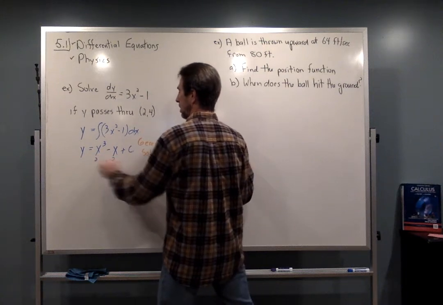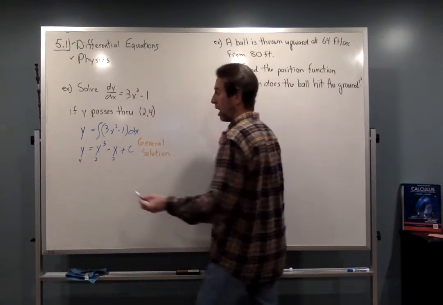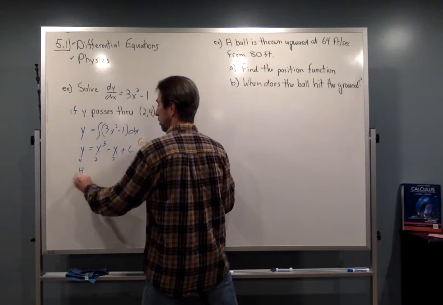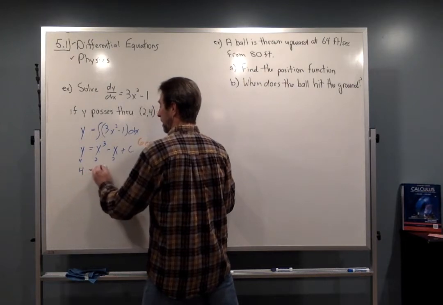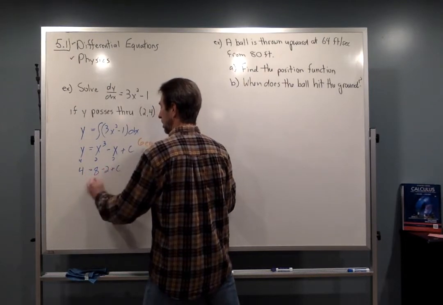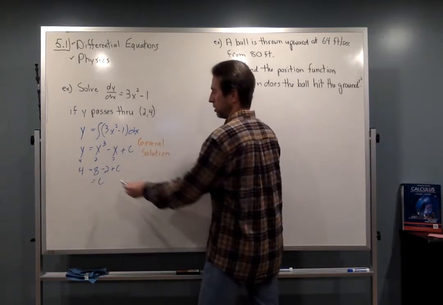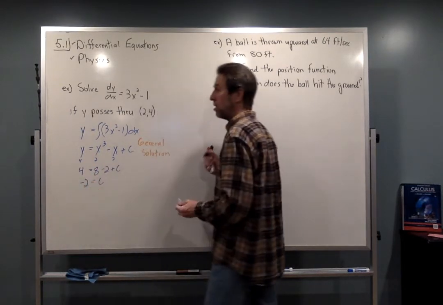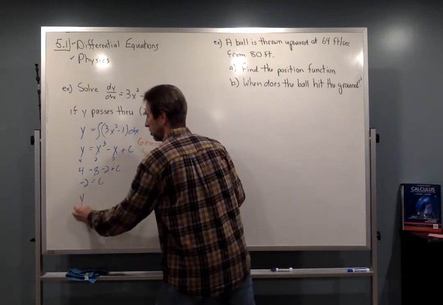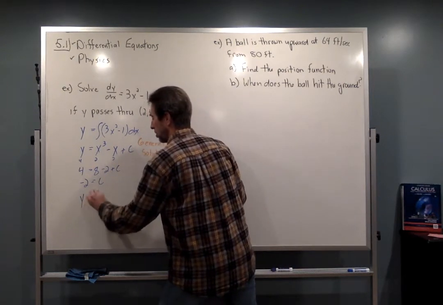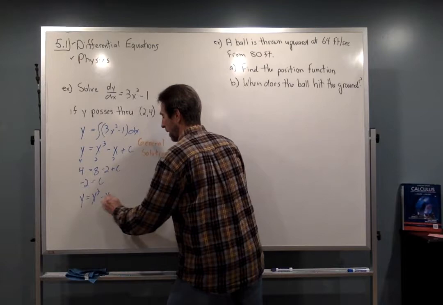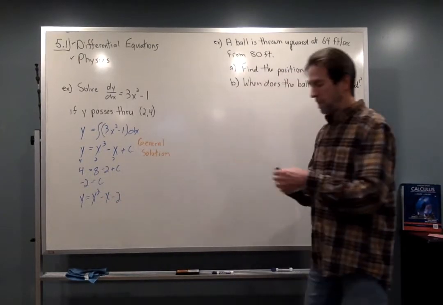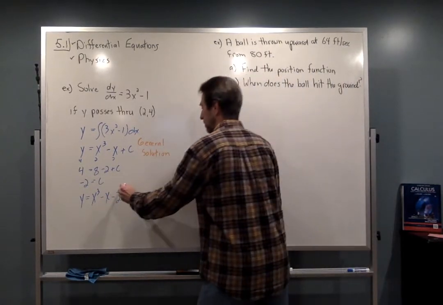So a 2 here and a 4 for the y, and solve for c. So we get 4 equals 8 minus 2 plus c. C, therefore, is going to be, that's 6, I believe, negative 2. So now we have our particular solution of x cubed minus x minus 2. And again, that is called a particular solution.